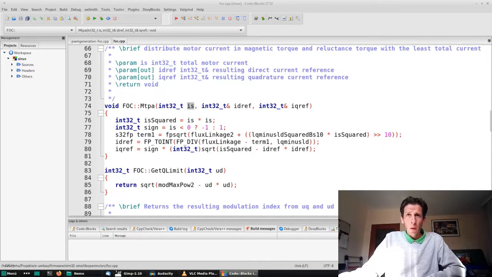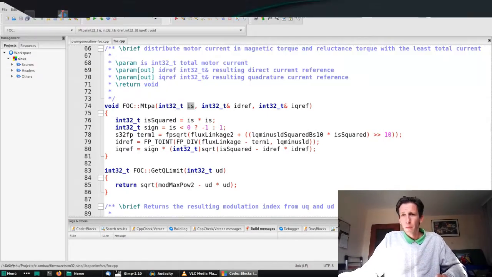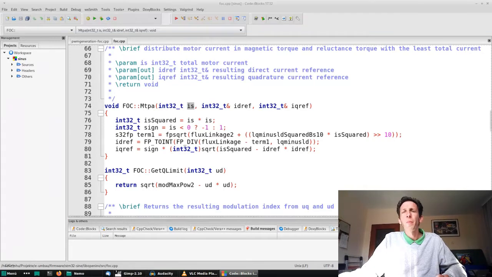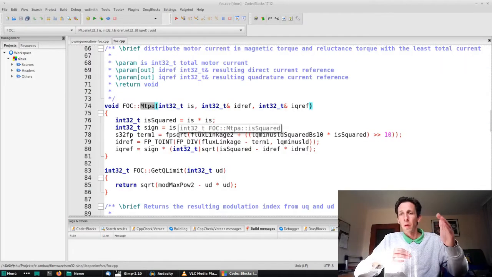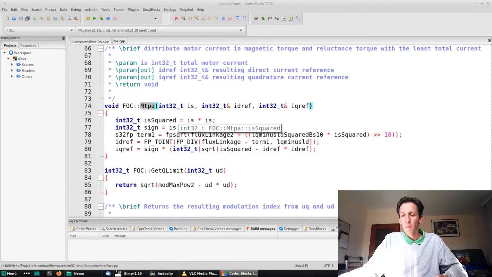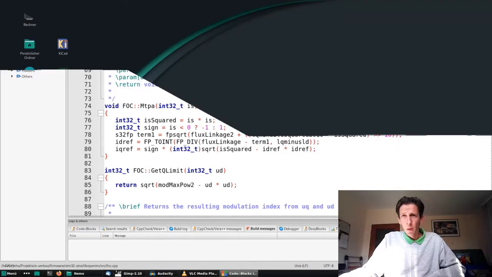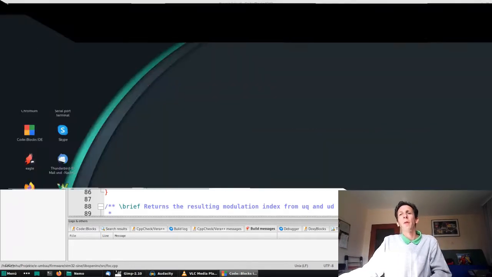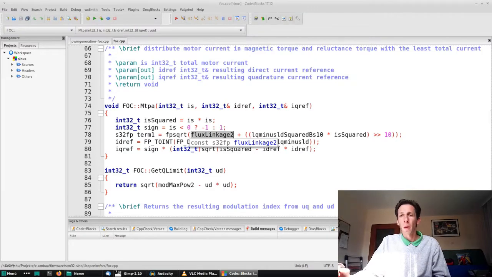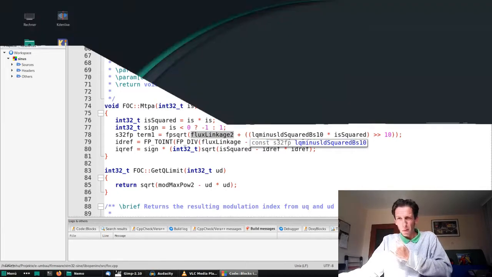So we want to generate some total current, and this function has the task to split this current into a magnetic and reluctance torque. Yeah, so there's some complicated formula, and this formula contains motor-specific parameters. So you would think that I do measure these parameters, but I do not.